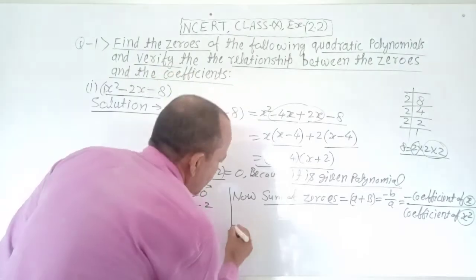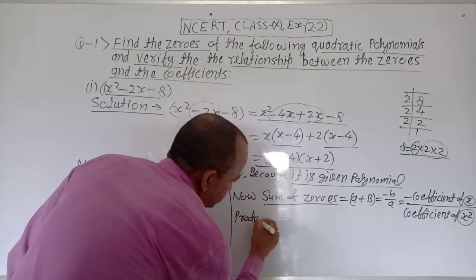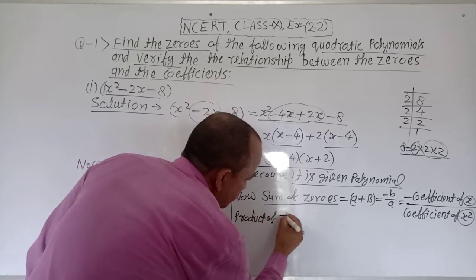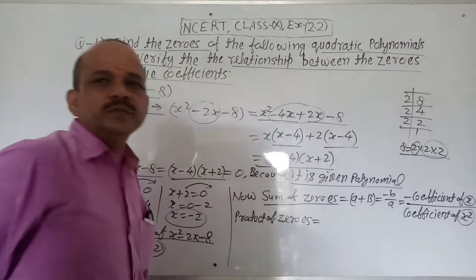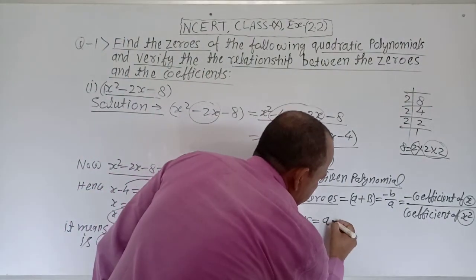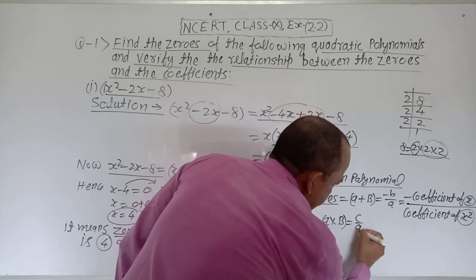Now product of zeros equals alpha multiply beta equals c by a.